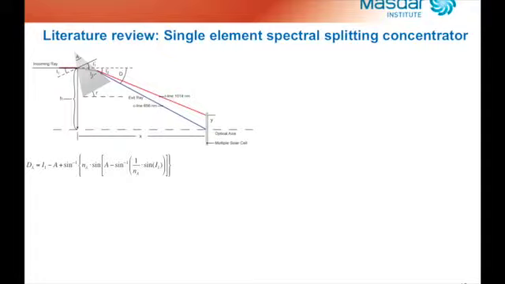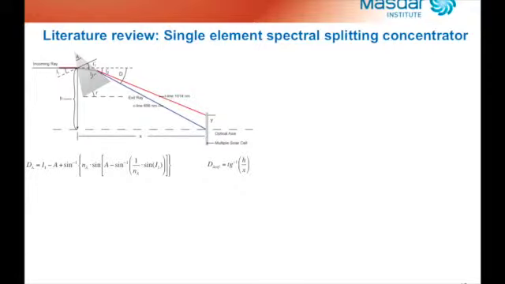And this is the equation that is reported here to determine the exit angle of the light in relation to the wavelength of the light, and we have basically two important parameters here, which are the angle I1, that is basically the entrance angle, and the aperture angle A, which is the aperture angle of the prism.